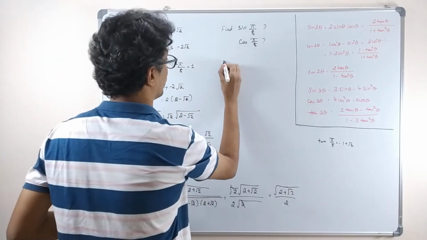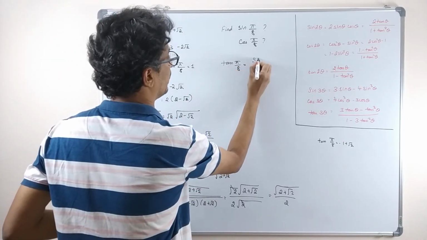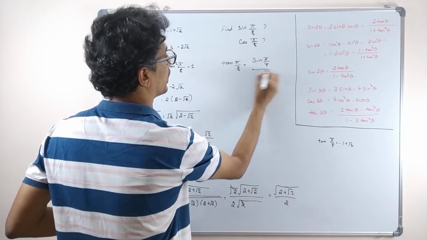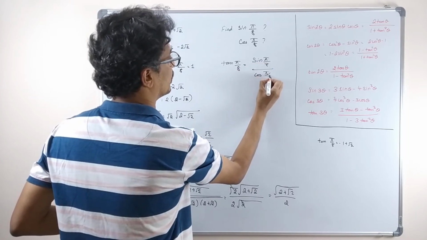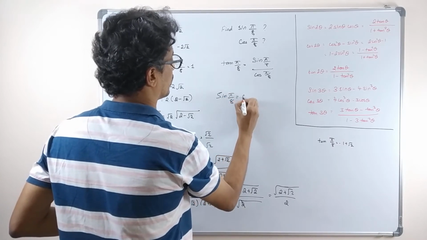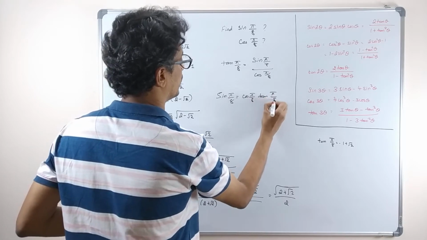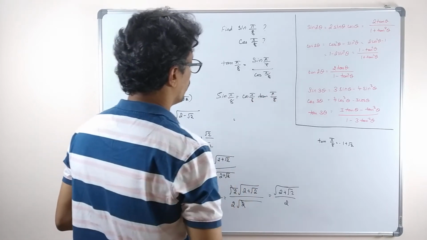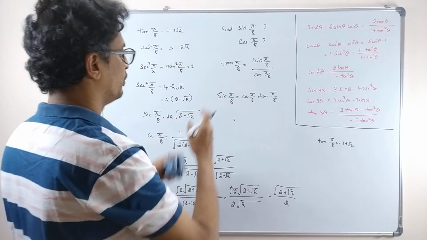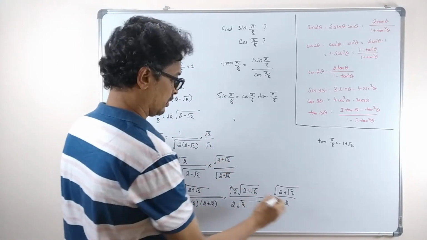Because your tan pi by 8 is equal to sin pi by 8 by cos pi by 8. Correct? So sin pi by 8 will be what? Cos pi by 8 into tan pi by 8. Okay. And what will this be? Tell me. So, what is cos pi by 8? That is here. Correct?